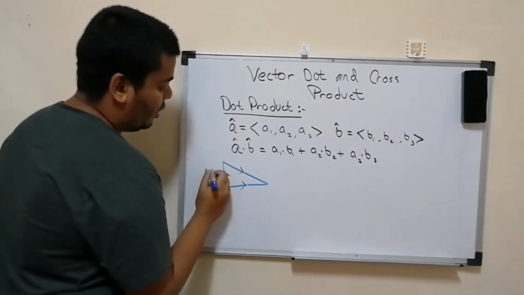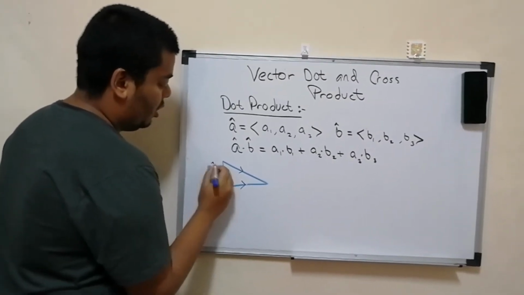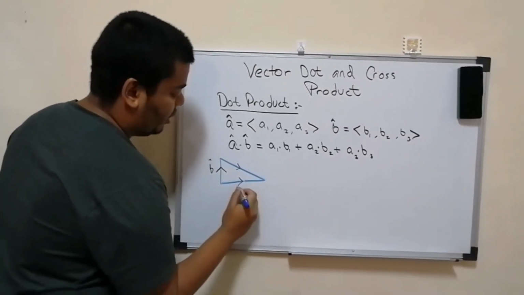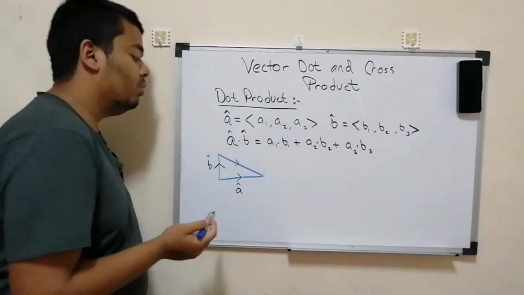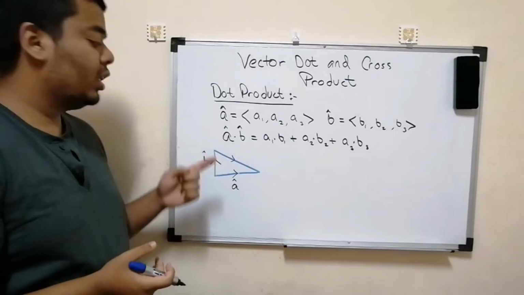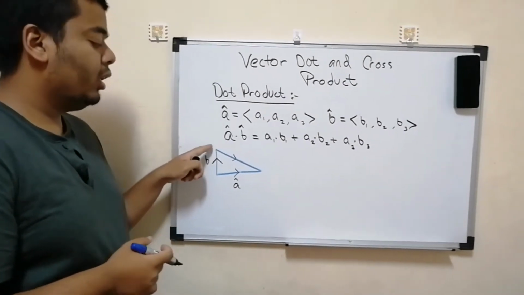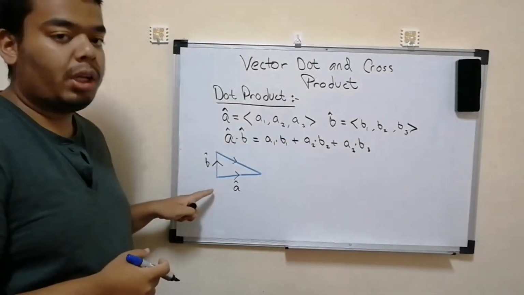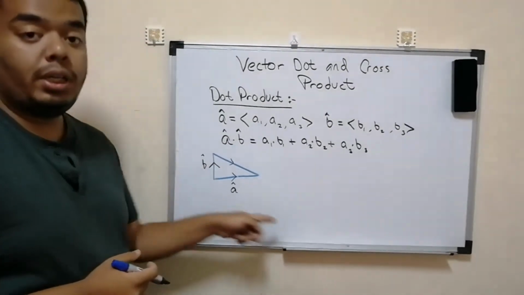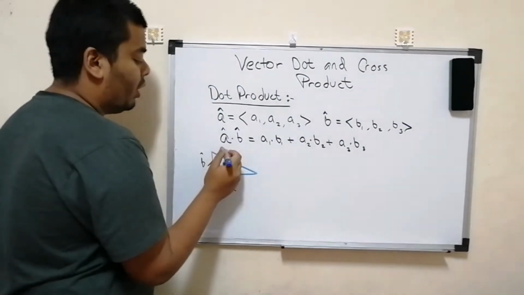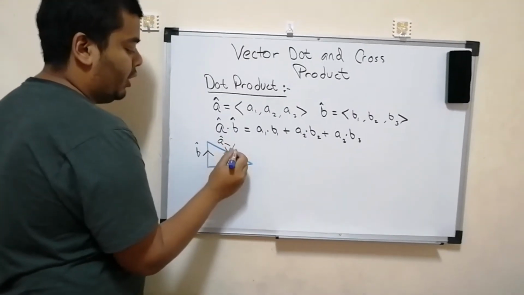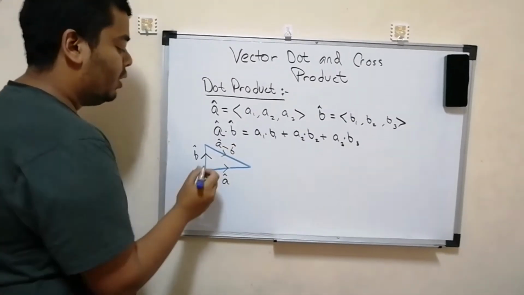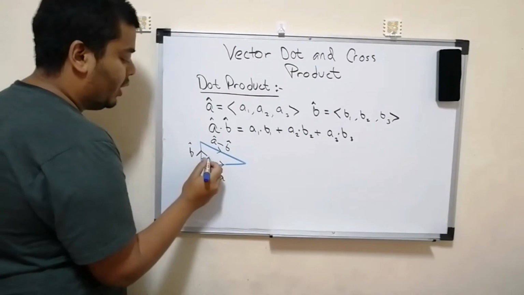So if this is vector B and this is vector A, then this vector automatically, from the law of addition of vectors in triangles, is negative B plus positive vector A from tail to head. So you can write this as A minus B. What if this angle was theta?